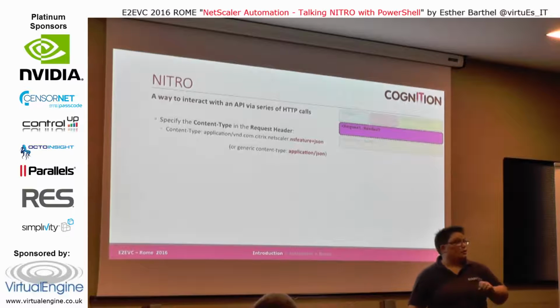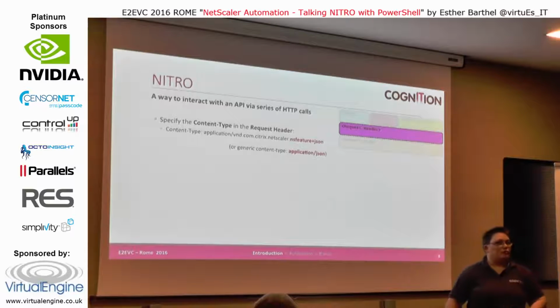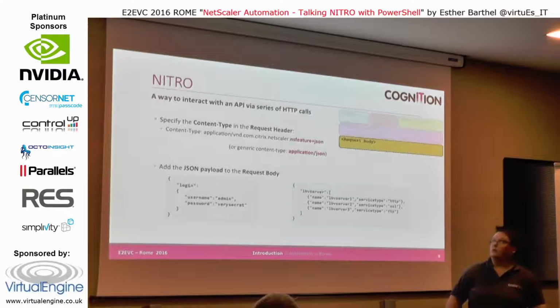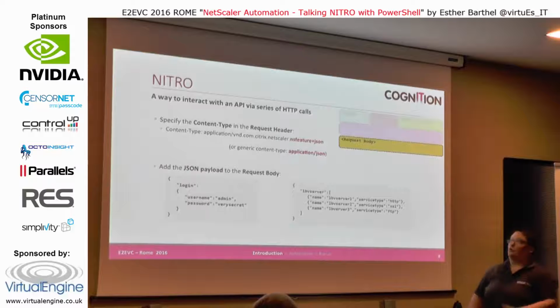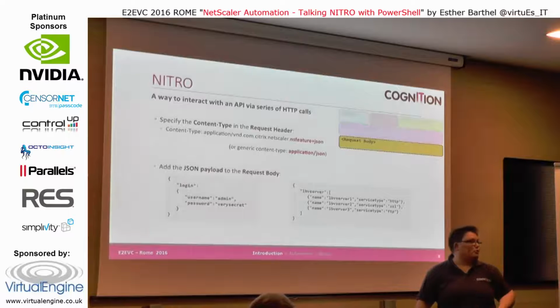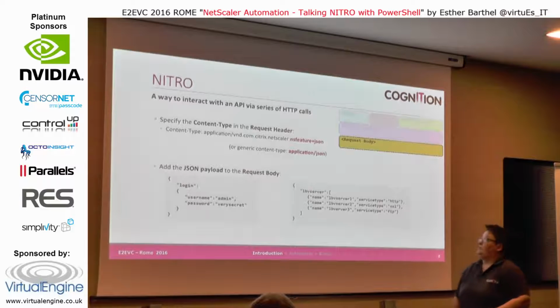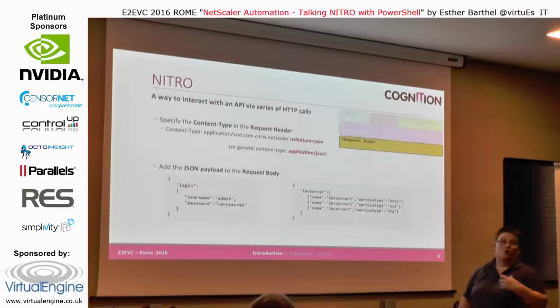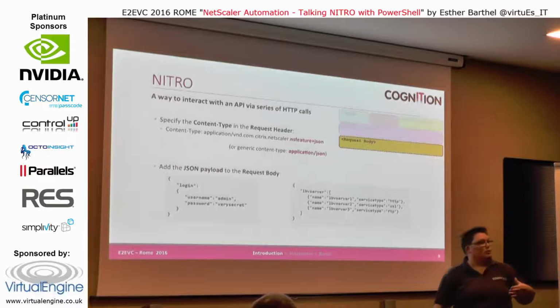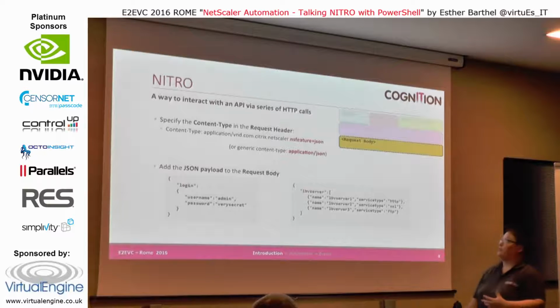In this case, I'm going to use JSON as my formatting for the body, and that eventually comes to the last part, which is our request body for the HTTP command. That, in this case, shows two different samples of using a JSON payload. The first one is simply to log on to your NetScaler and get your session started, be authenticated with it. And the second one is an example of how you create a load balancing V server.